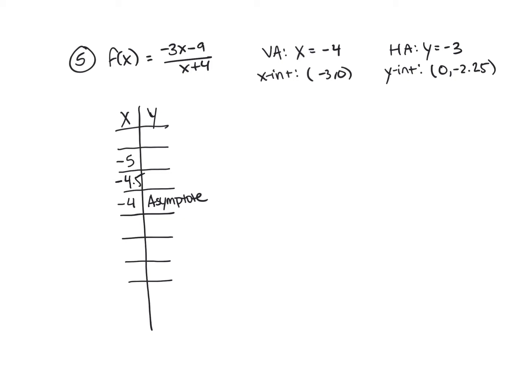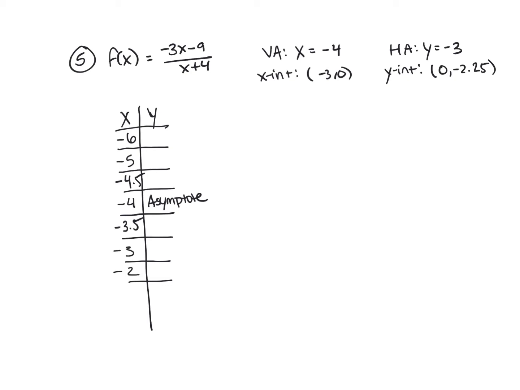So we'll have negative 5 and negative 6. If I go in a positive direction from negative 4, I get negative 3.5, and then whole numbers. So we'll do negative 3 and negative 2.